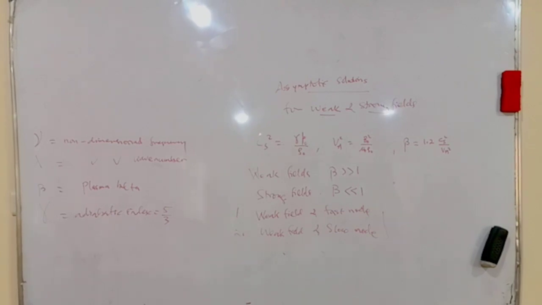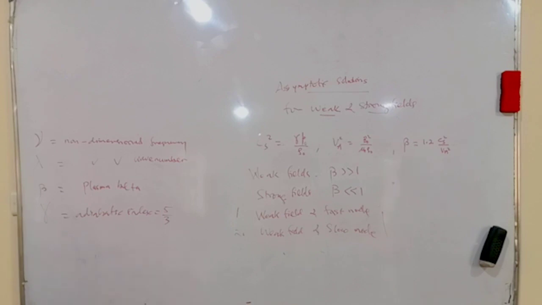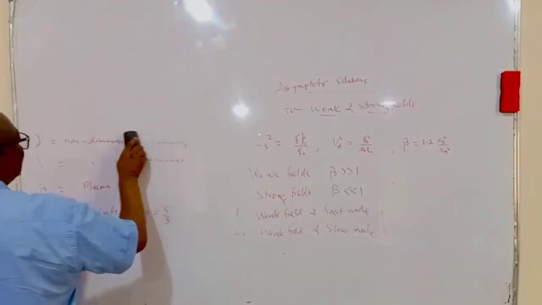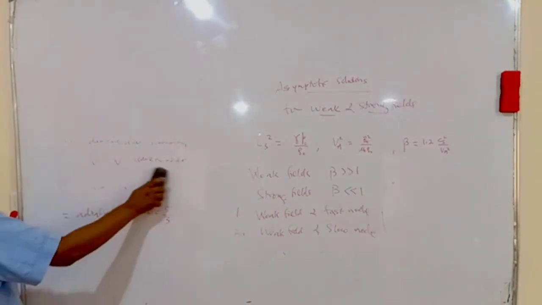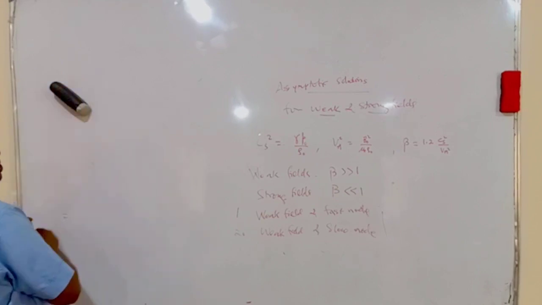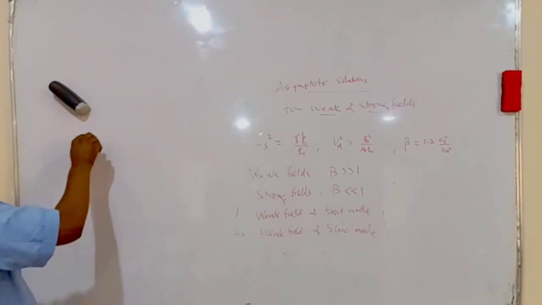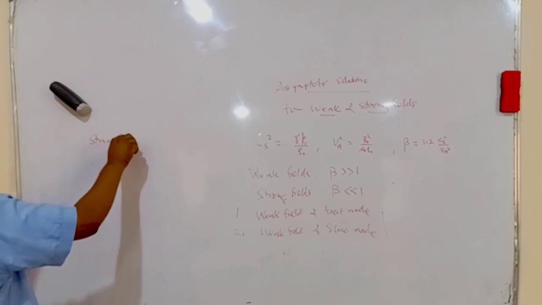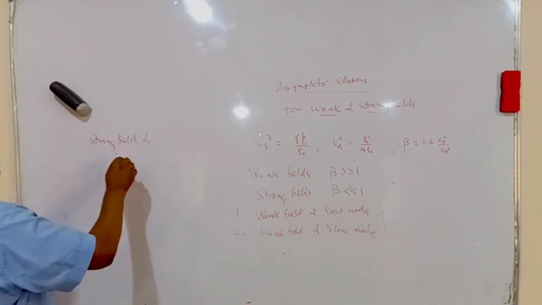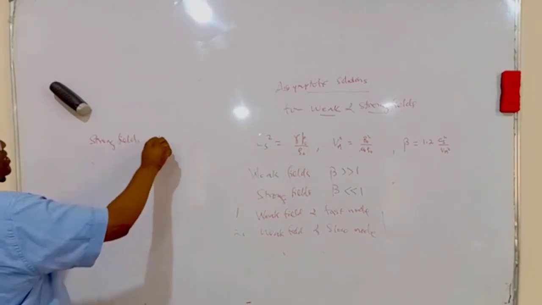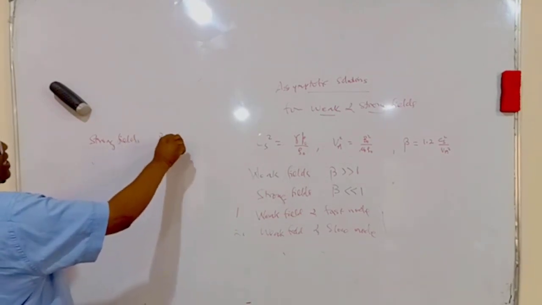So, this is one thing we said we would take. Another thing we will look at is strong field, and in this case, beta should be less than 1.